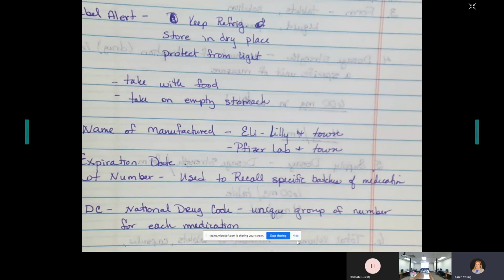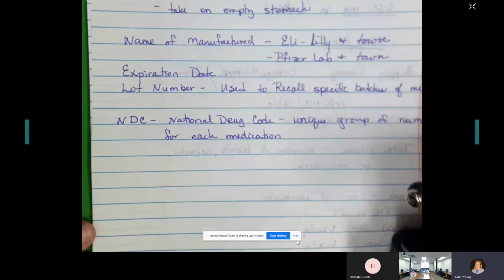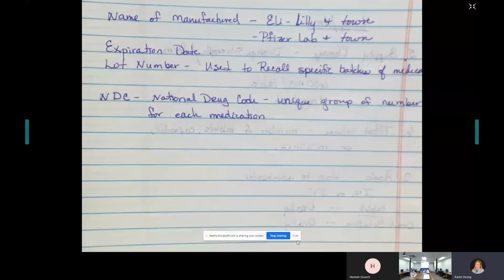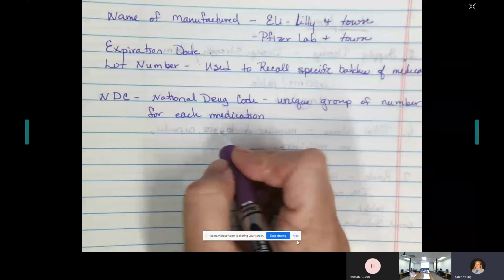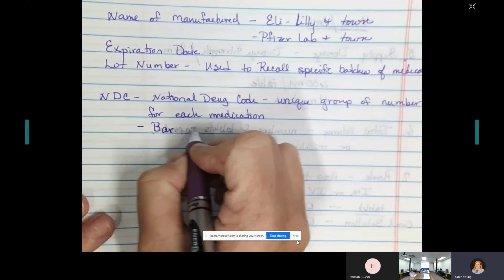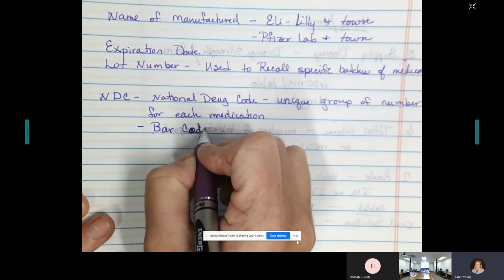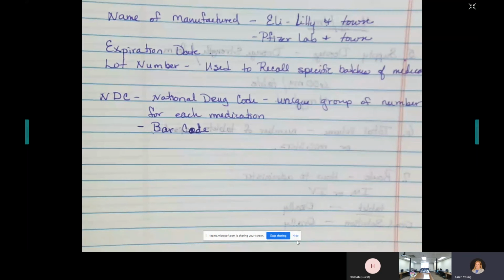Like each one of us has a unique Social Security number, or a unique driver's license number, or a unique student ID number. Medication labels have their own unique identification number, and it's called the National Drug Code. And it's also the barcode. So the barcode on the medication is the same as the NDC code.